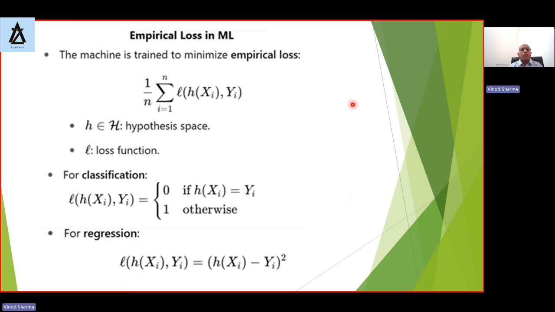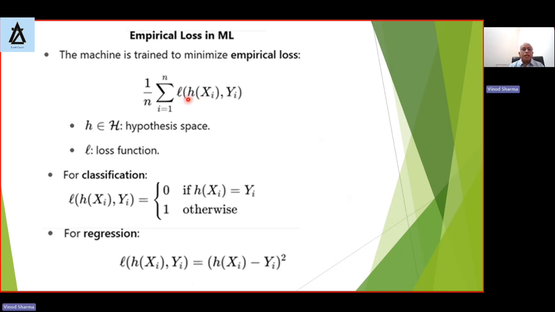So how do we train the machines based on this training sample? We define an empirical loss that is given as 1/n sum over i equals 1 to n of L(h(xi), yi), where L is a loss function, which we will explain and depends on the application we are addressing, and h are some functions that belong to this capital H. We call it the hypothesis space.